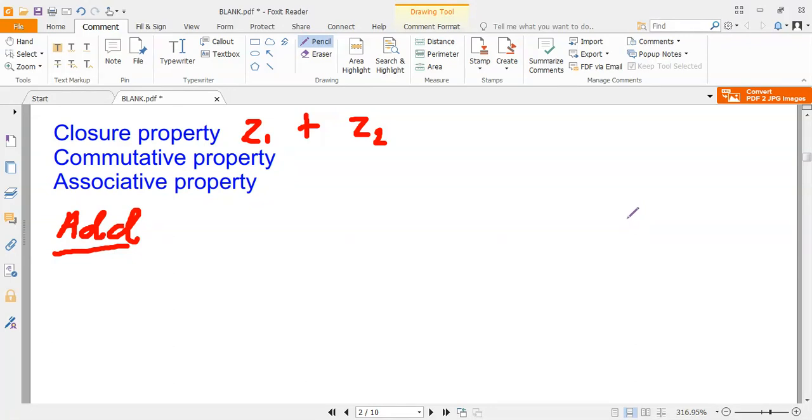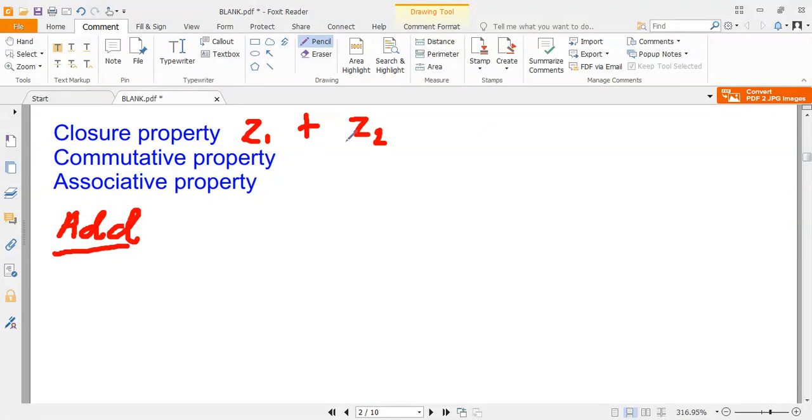It also needs to be in the same category as the parent numbers that you are talking about. So if z1 is a complex number and z2 is a complex number, if these are the parent numbers, then their child z1 plus z2 also needs to be a complex number. So that is basically the definition of the closure property under addition.